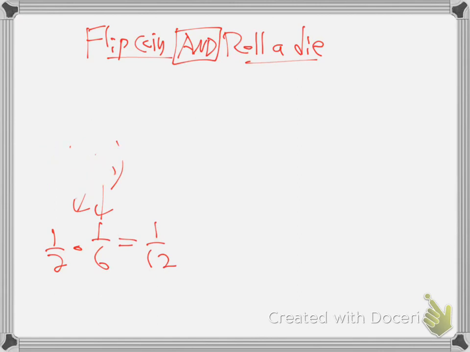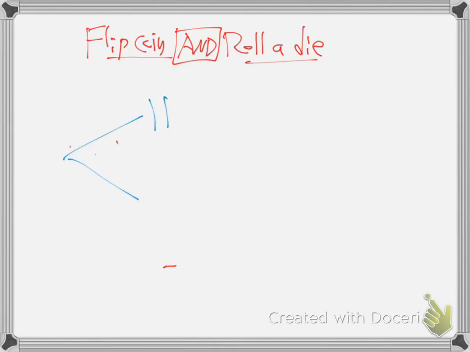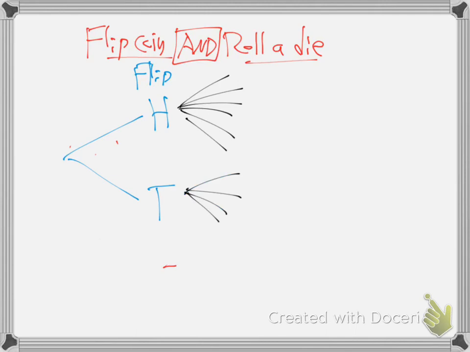You don't have to write this down, but it's good just to see it. You get a head or tail on the flip, and then 1, 2, 3, 4, 5, 6, and 1, 2, 3, 4, 5, 6. So I'm showing you again that there are 12 things that can happen. So you multiply. And is multiply.